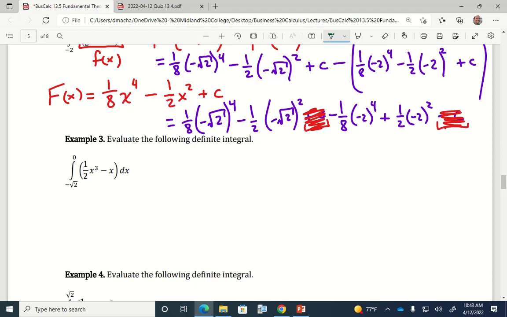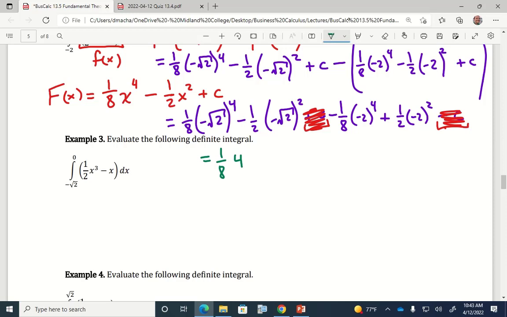So after simplifying, we're going to simplify this a lot. So this is 1/8. The negative doesn't matter because something negative to the 4th power, well, even powers get rid of negative signs. Square root 2 to the 4th power is going to be 4, because square root 2 times square root 2 is 2. 2 times 2 is 4.